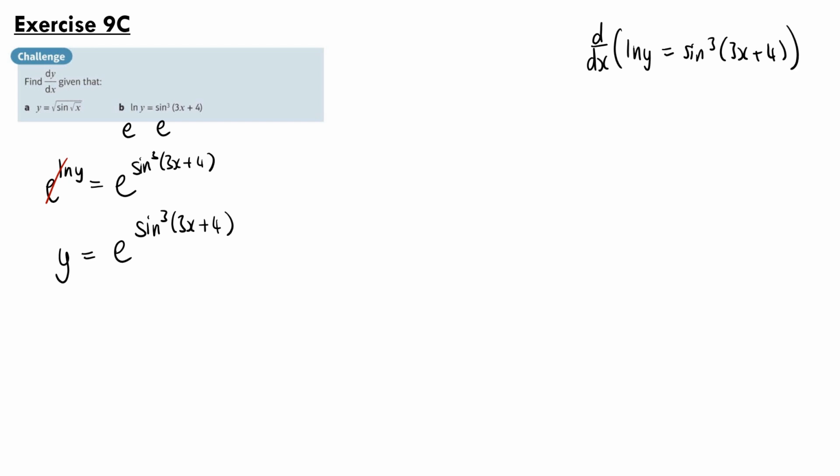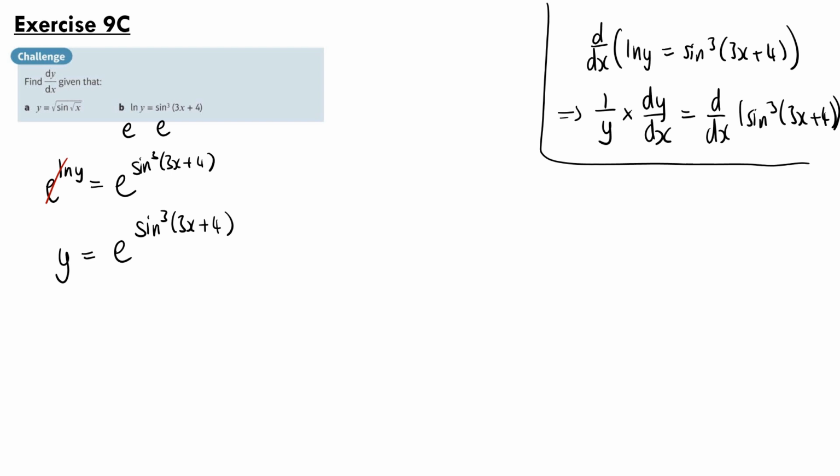On the left hand side, differentiating ln of y is 1 over y, and then we times by the derivative of the inner function, which is y, so times by dy by dx, and that would equal the derivative of sine cubed of 3x plus 4. They will give you the same answer, but they're slightly different. For the sake of this video, I'm just going to focus on the method on the left.